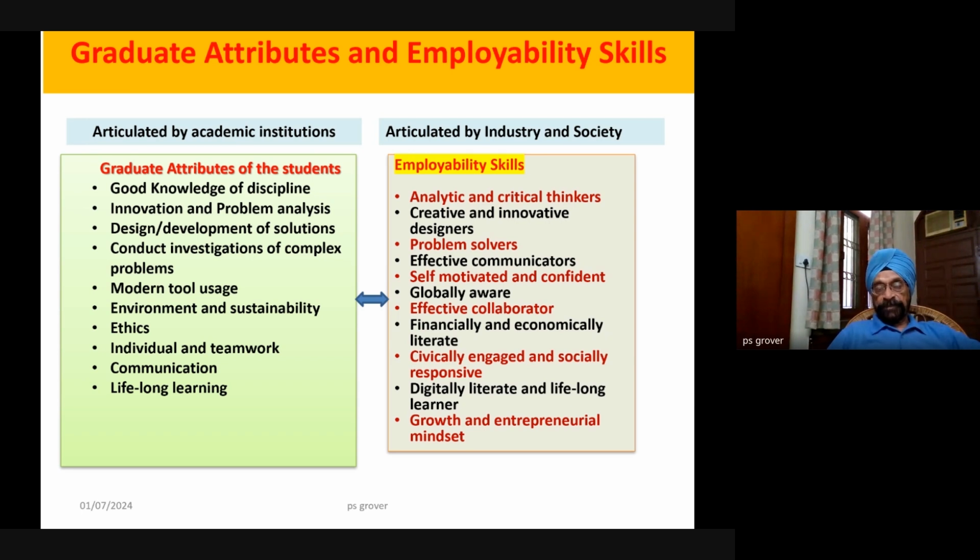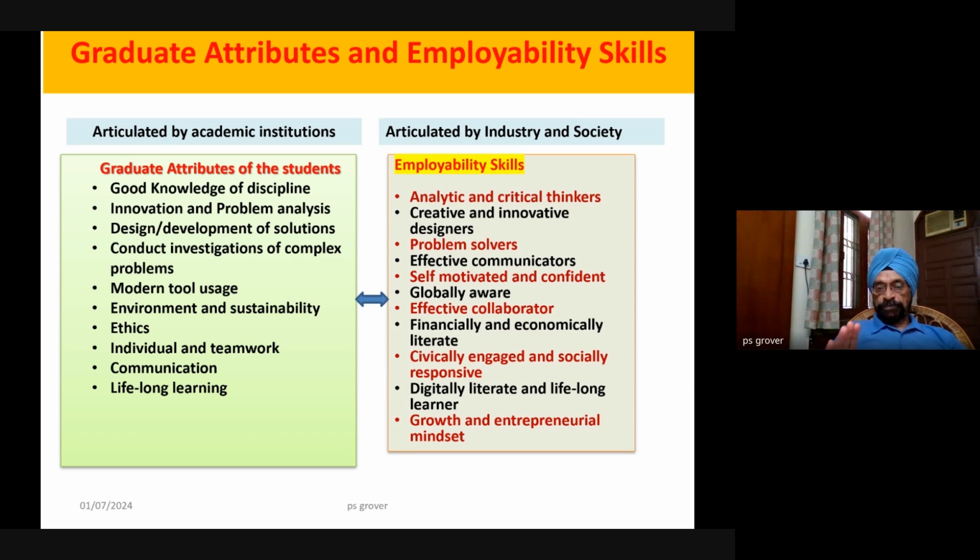Kindly appreciate, I want to decide the graduate attributes of any program. Let us understand what the industry wants, what kind of employment that particular program is going to get. So we say this is the expectation of industry and society, for example, the illustration, let us say for engineers.